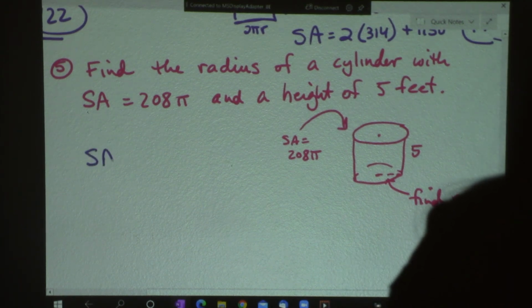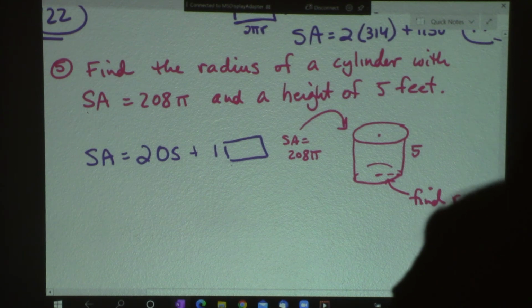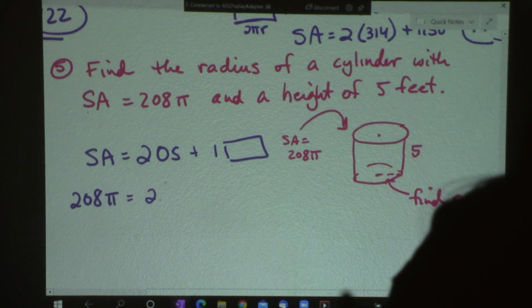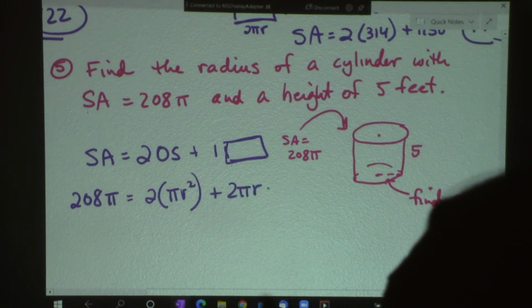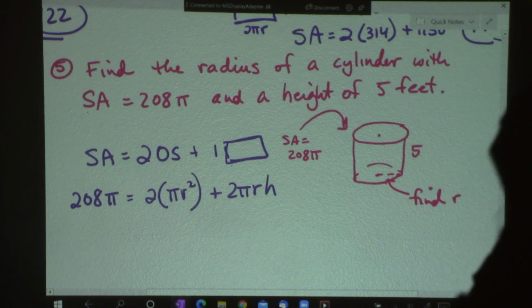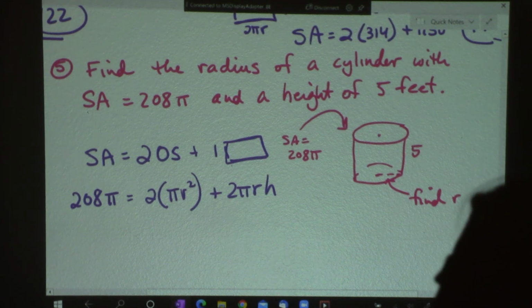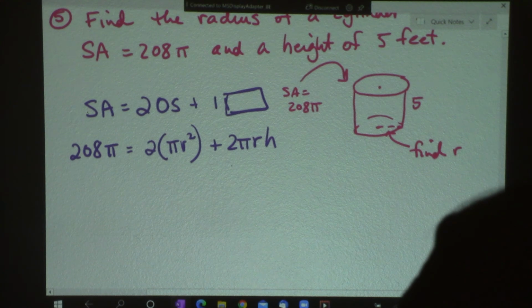Okay, so my plan is going to be, go ahead and pause it if you need to copy this down. My plan is 2 circles and 1 rectangle in between. So I know I have 208 pi, and I have 2 times pi r squared, right? And then the formula for this is going to be the circumference of the circle times the height. 2 pi r times h. So let's put the numbers in that we know.